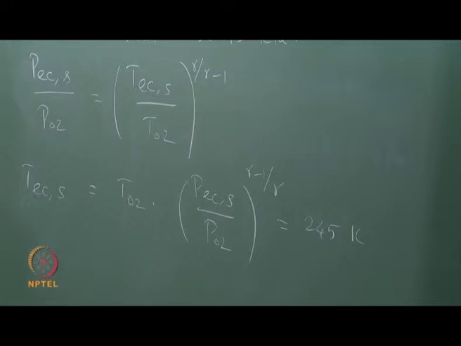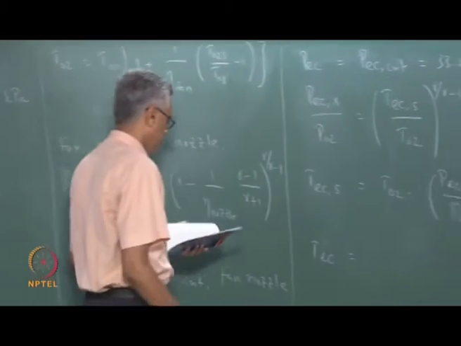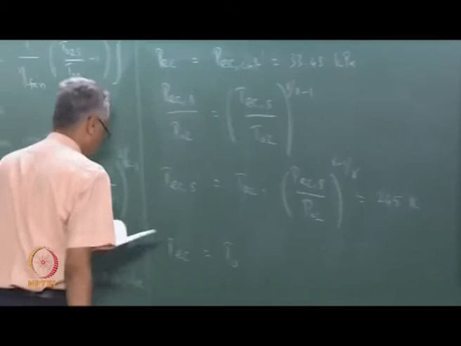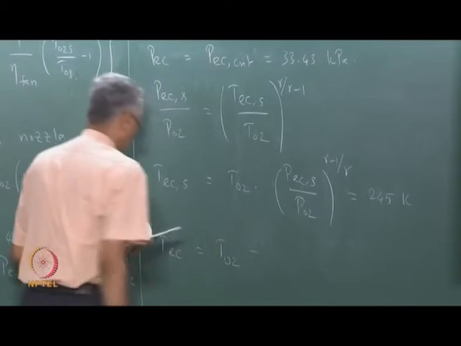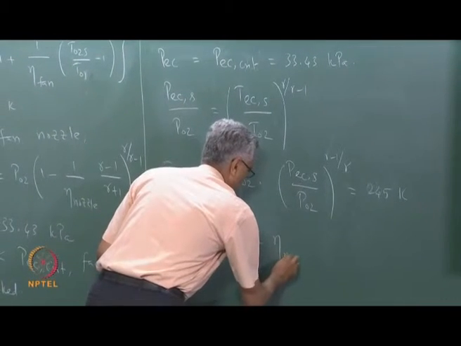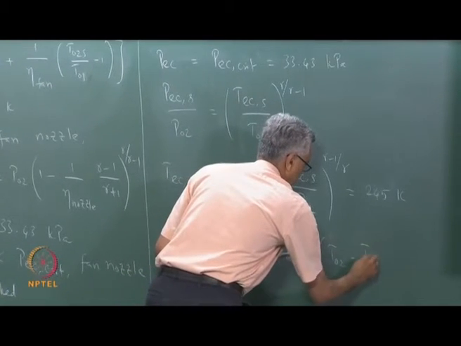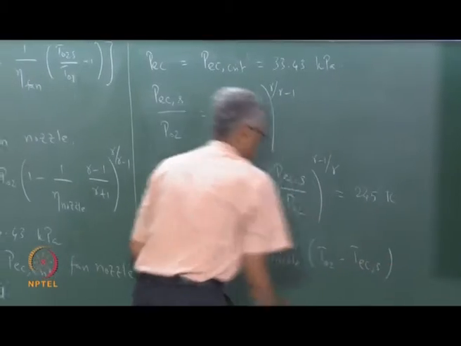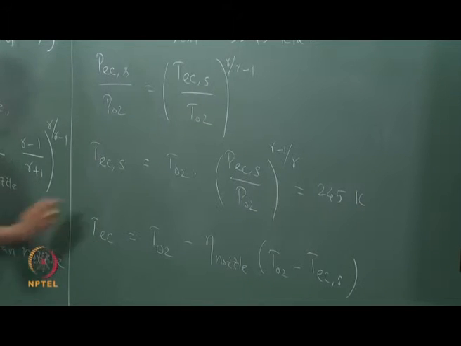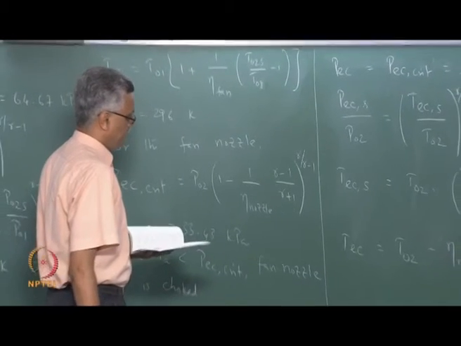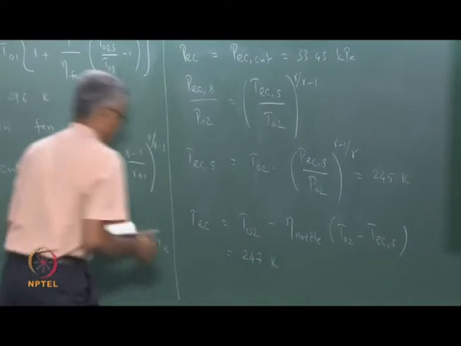Now the actual exit static temperature TEC can be calculated from the definition of the isentropic efficiency of the nozzle in this way. This is equal to T02 minus eta nozzle times (T02 minus TECS). So this gives me the actual static temperature at the exit of the cold nozzle. Substitute the numbers, we get this to be 247 Kelvin.